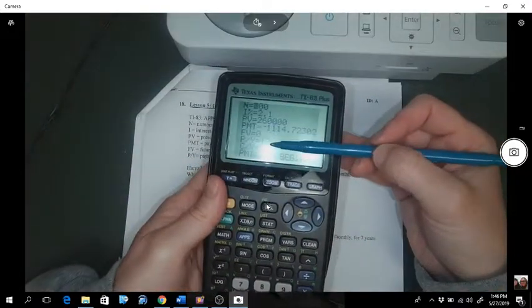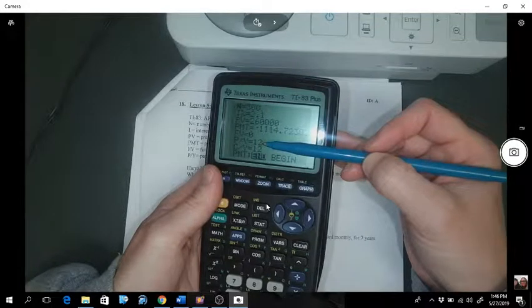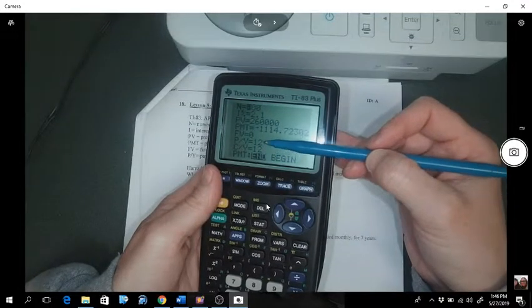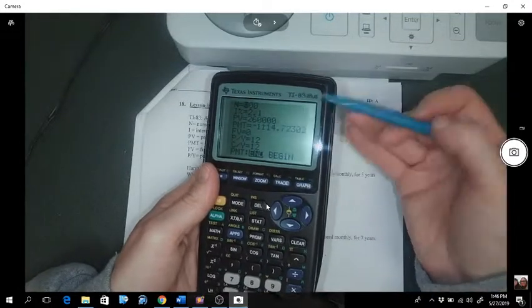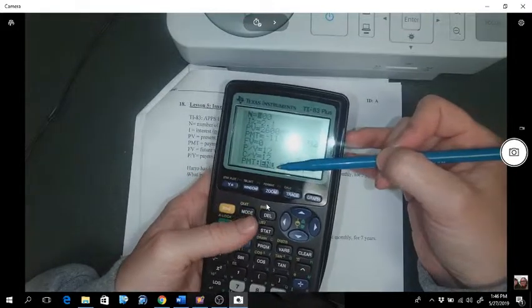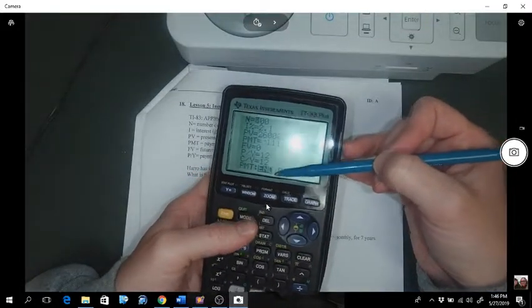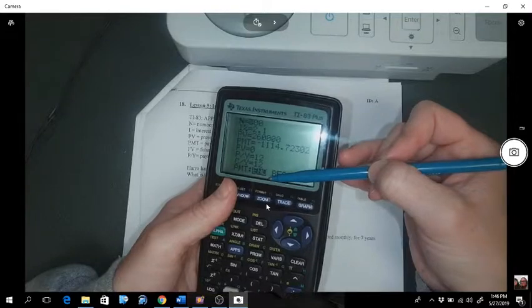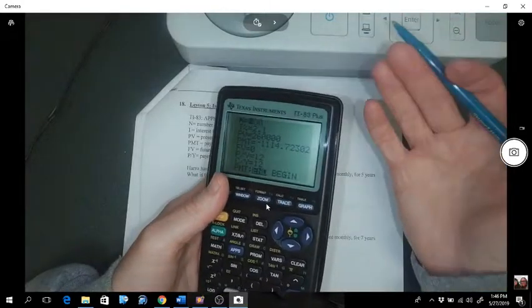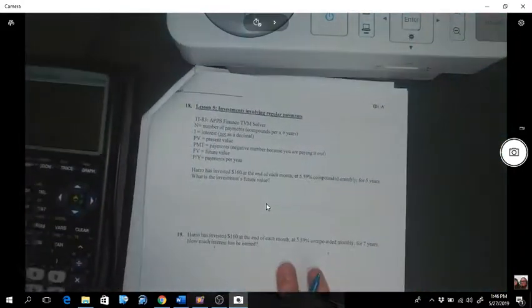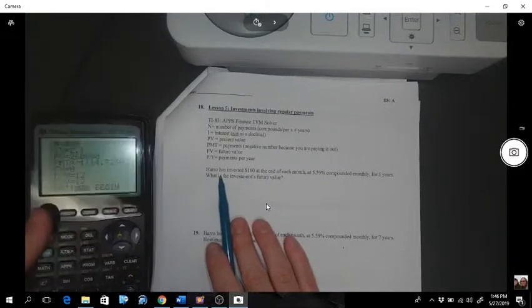Future value, and this is payments per year, compounds per year. Once you change one, these both go. And for this, we're just going to always leave it on the end, assuming that the payments are always made at the end, like at the end of a month. Okay, number 1.